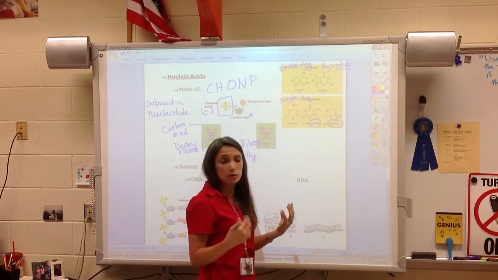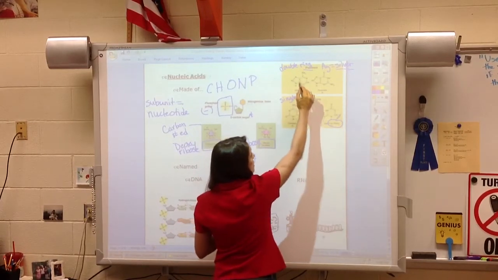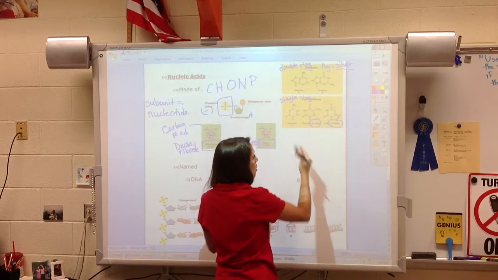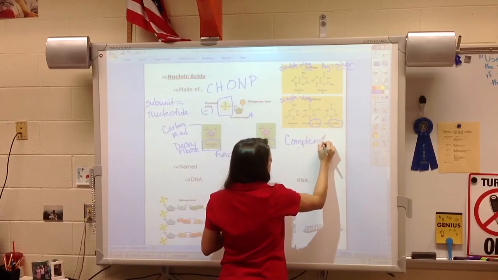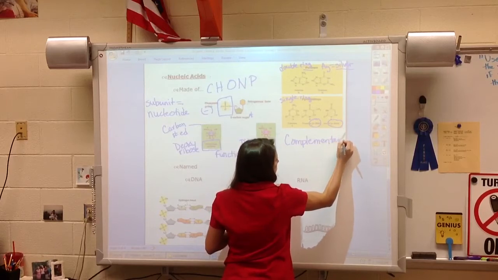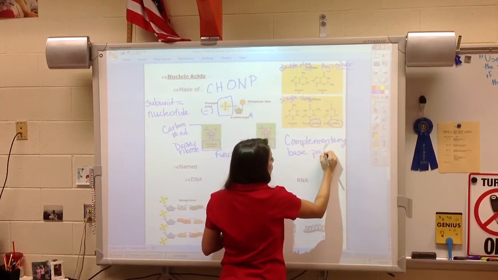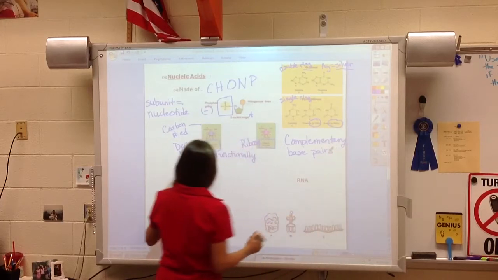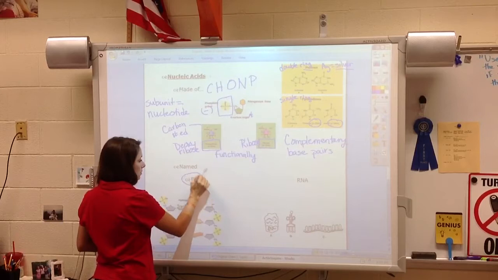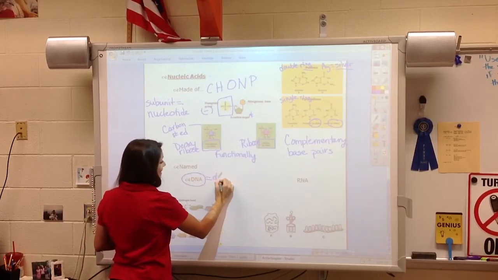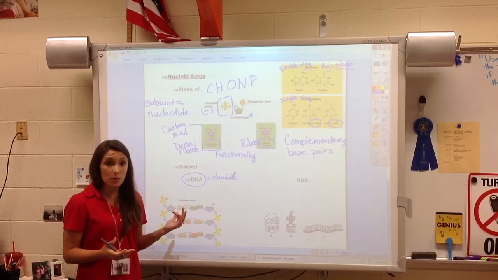The other thing, and we'll talk more about this later in the year, but we want to introduce it now, is that these will actually do what we call complementary base pairing. Now, most people would think that base pairs are only in DNA because we know that DNA is a double strand. The D in DNA does not stand for double, but it's an easy way to remember it.